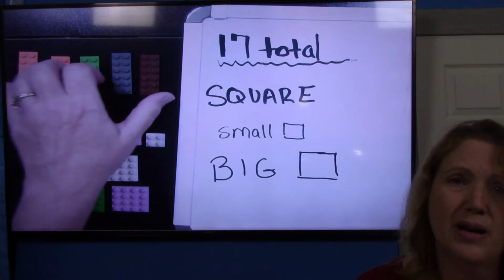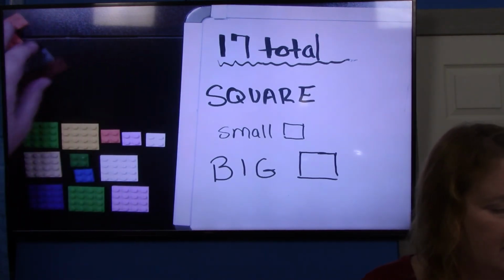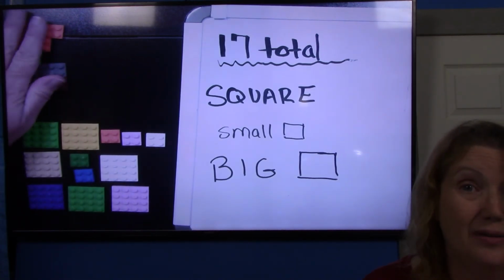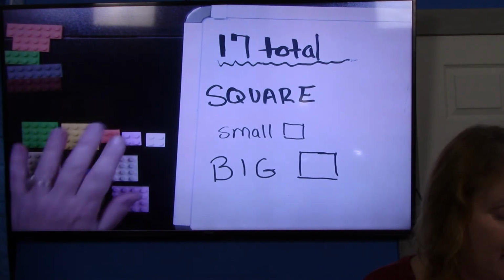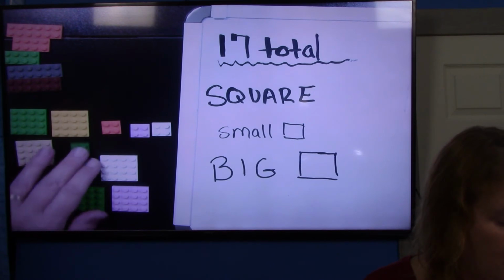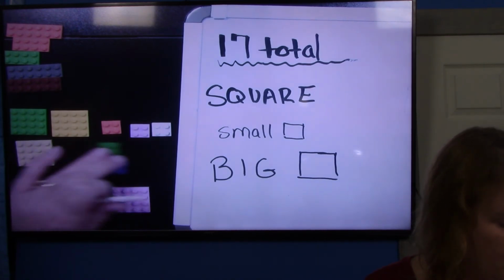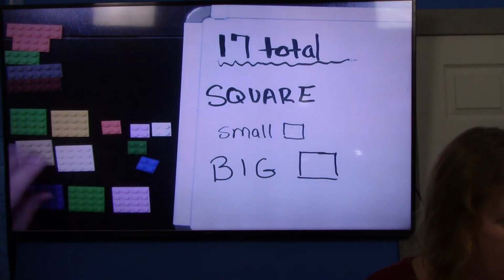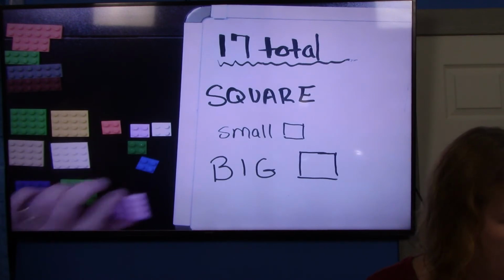So I'm going to move my rectangles out of the way for now because we don't need them. I still have 17 total Legos though, but I'm just looking at my squares. I'm going to organize my squares into big and small.